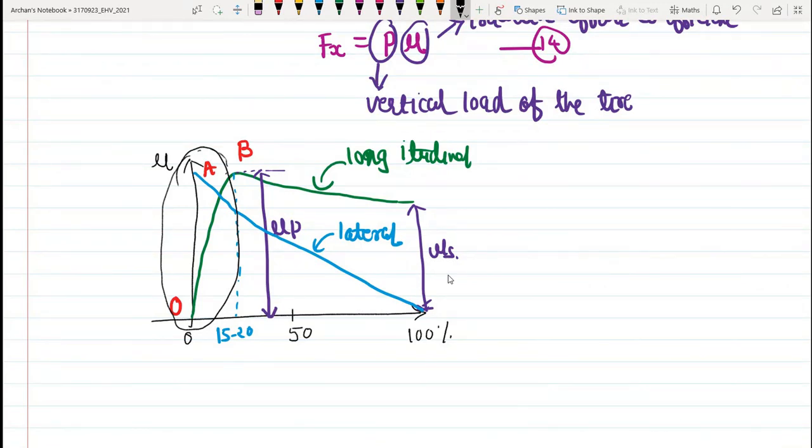You can see now there is a nonlinear relationship from A to B. The peak tractive effort is reached at this particular point at a slip of some 15 to 20%, and a further increase in slip beyond this results in an unstable condition. The tractive effort coefficient falls rapidly from the peak value to the purely sliding value, as you can see in this figure.